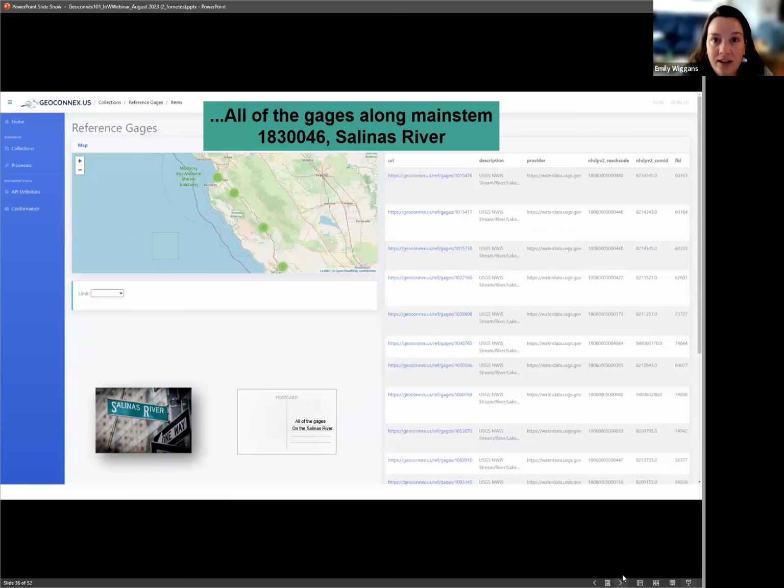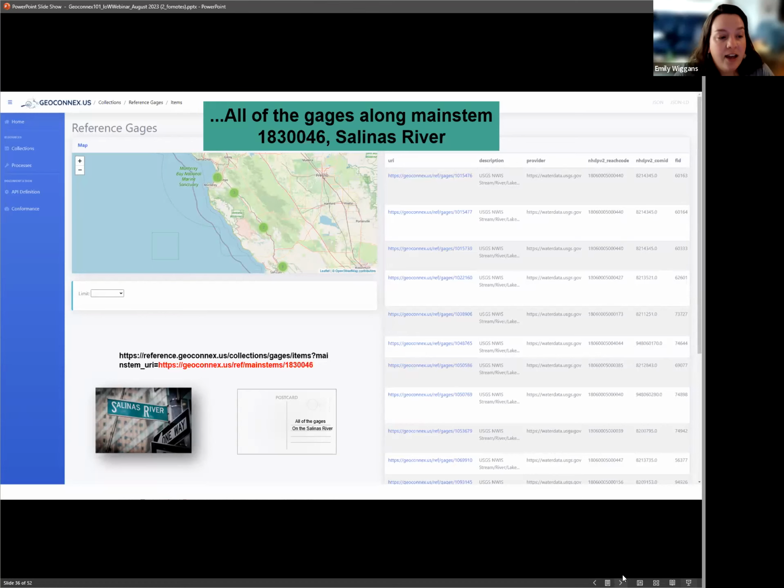Another thing that Geoconnex allows us to do, much like the dashboard, is look at all of the gauges along the Salinas River. And I put this URL up so you could see from a maybe more curious to savvy user how we are functioning this back end, such that if you're scripting or if you're working in a repeatable way, you're able to call these things and how the system is built in a repeatable, understandable fashion so you can get the expected results that you want.